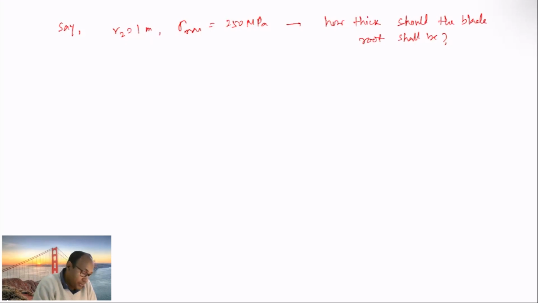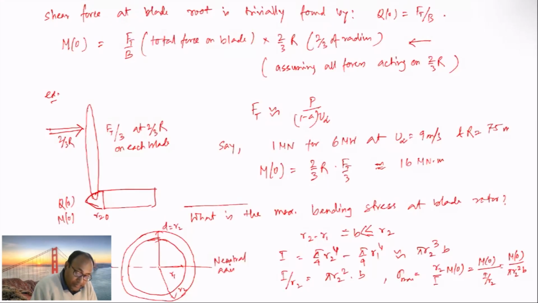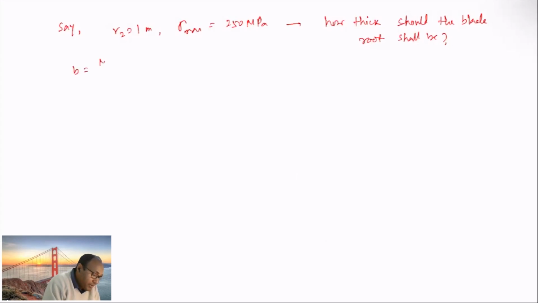From here, straight away you can find the thickness, which is M naught by pi R2 square times 1 by sigma max.